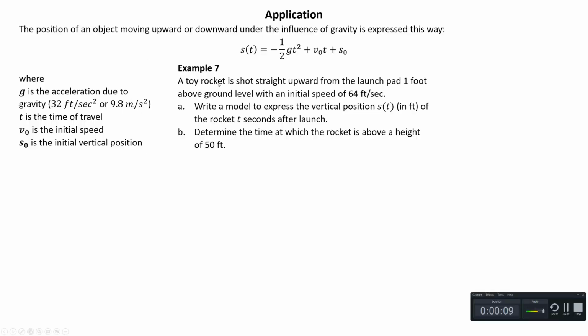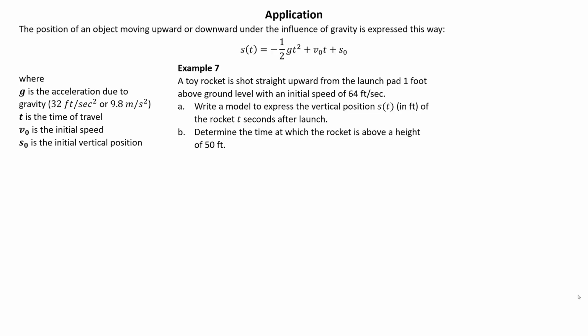Okay, here is an application of polynomial inequalities. The position of an object moving upward or downward under the influence of gravity is expressed this way. S of t is equal to negative 1/2 g t squared plus v sub 0 t plus s sub 0, where g is the acceleration due to gravity, which you can either say is 32 feet per second squared or 9.8 meters per second squared.